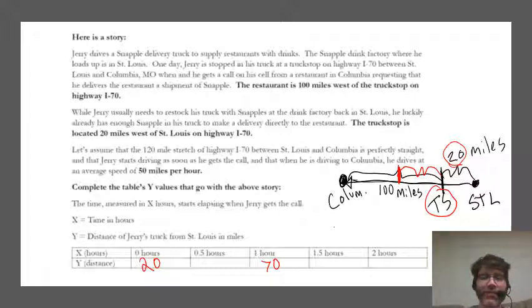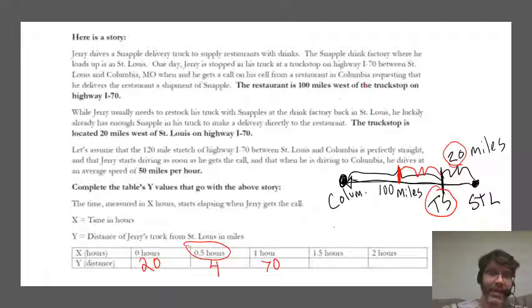Okay, so if he goes 50 miles per hour, that means he goes half that in a half an hour. So he goes 25 miles in a half an hour. Let's go back to this half hour here. If he goes 25 miles in a half an hour, and he's already 20 miles away from St. Louis to start with, then he's 20 plus 25, which is 45.